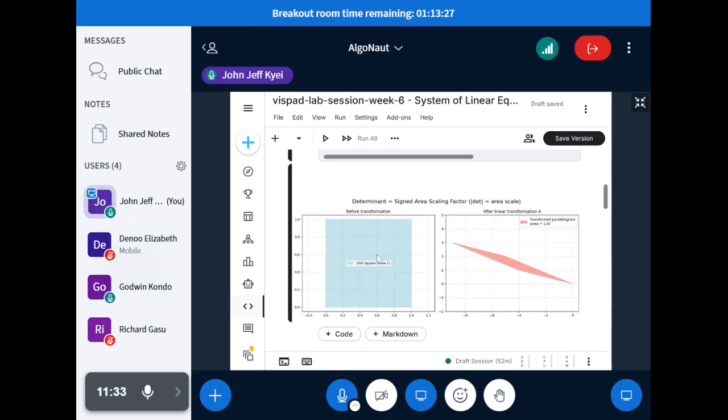So with that square, when you apply any 2 by 2 matrix to transform it, the area of the parallelogram that you get is the absolute value of the determinant.